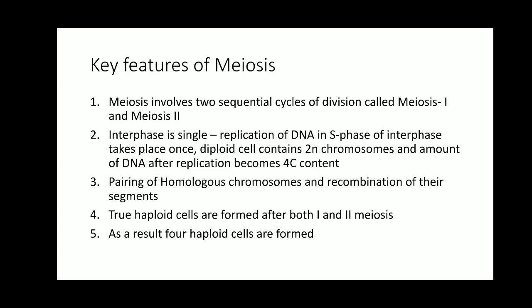It produces four cells that are haploid in nature. As a result, four haploid cells are formed after the whole cycle of meiosis, and they differ from the parent cell by half of its chromosome number.